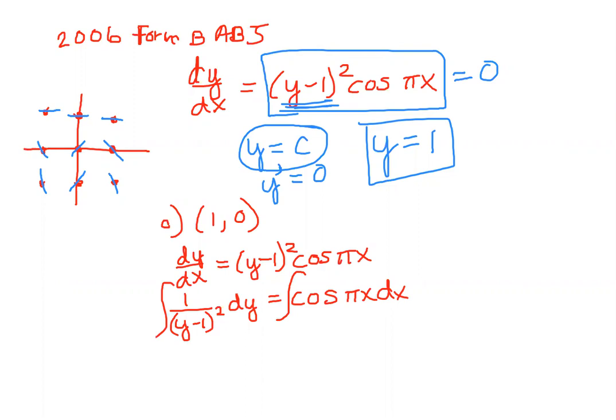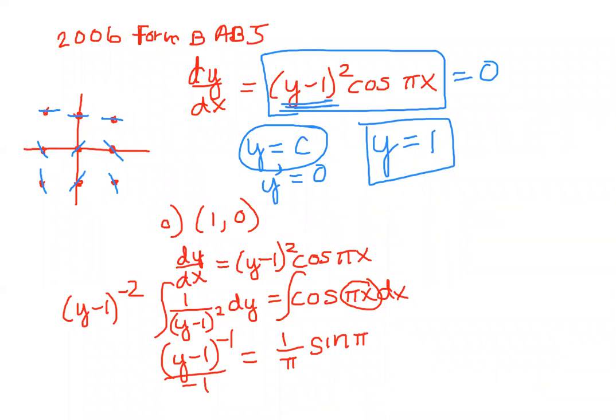So I'm going to think of this right here as y minus 1 to the -2. And the derivative of y minus 1 is just dy. So I can just do that and get y minus 1 to the -1 over -1 equals the derivative of pi x is pi. So I'm going to have to put a 1 over pi in front. And I'm going to get sine pi x plus c on this side when I take the integral of both sides.